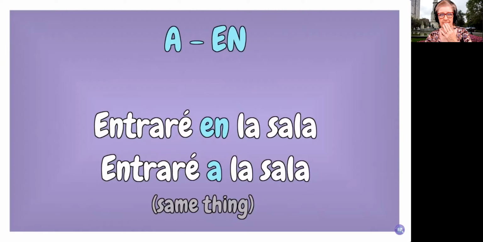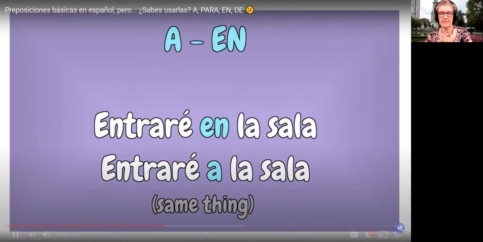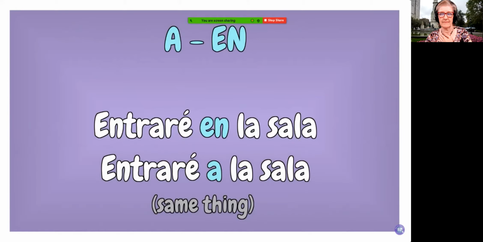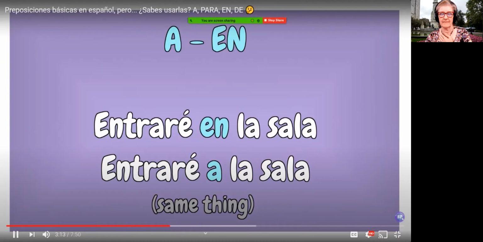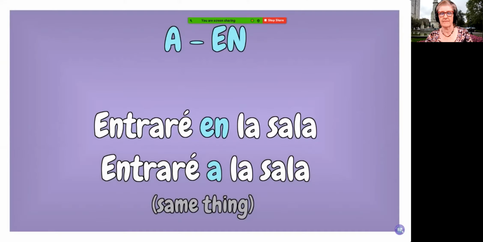Pero está muy bien decir entraré a la sala o entraré en la sala. Yo, por ejemplo, diría entraré a la sala. Pero otra persona puede decir entraré en la sala y está muy bien también.